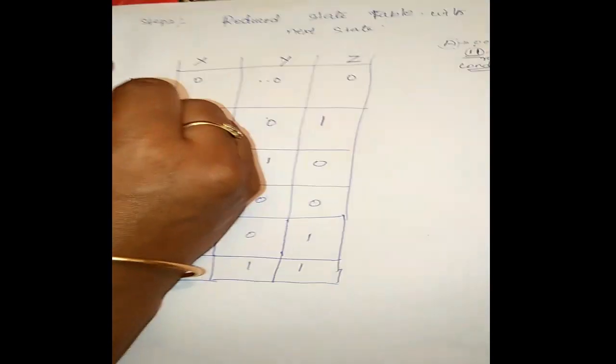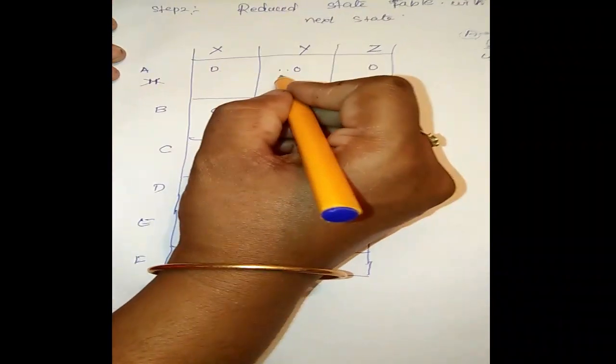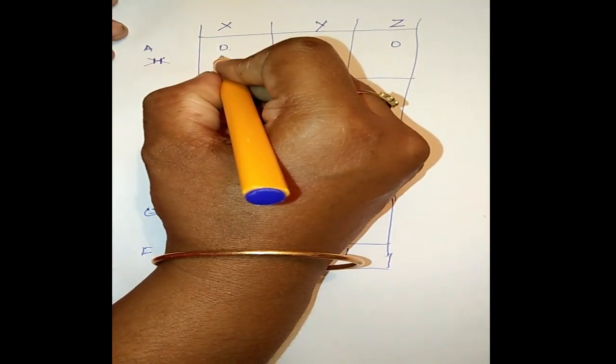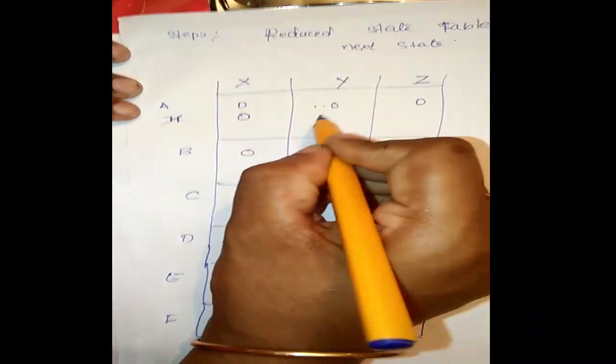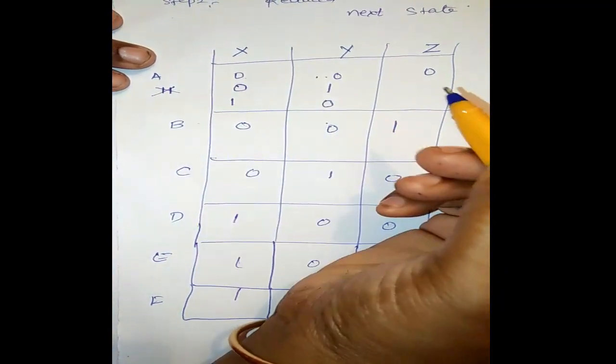So for A, 1, 1 is the race condition, so this cannot come as a combination. What combinations can come for A is, I can change only 1 bit. So I can include a 0, 1 and I can include a 1, 0.